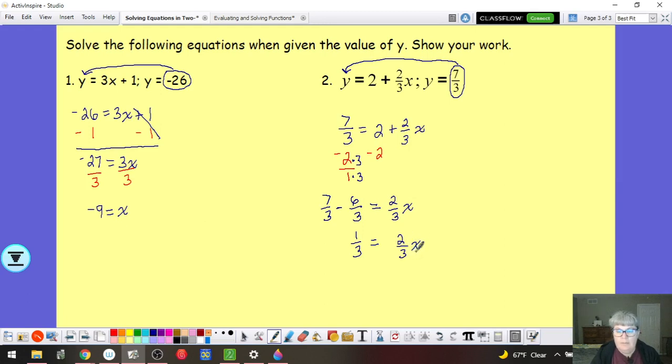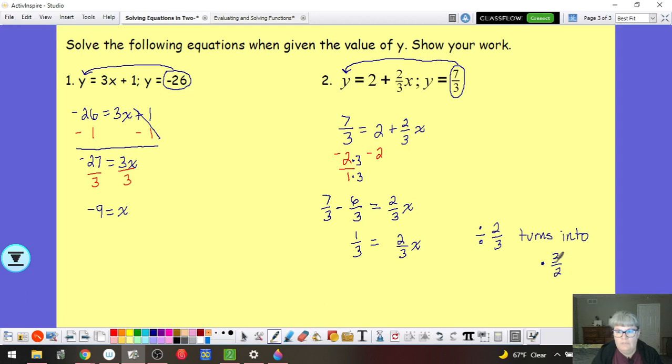Keep in mind, dividing by 2/3 turns into multiplying by 3/2. Anytime you're dividing fractions, you end up multiplying by the reciprocal.